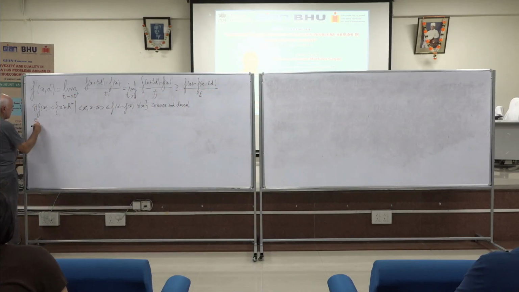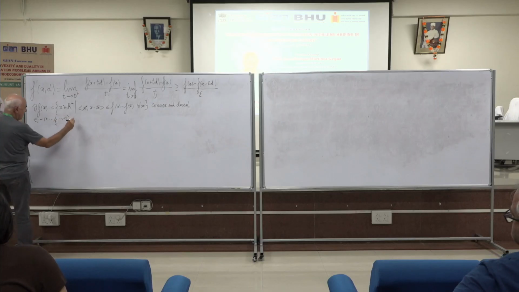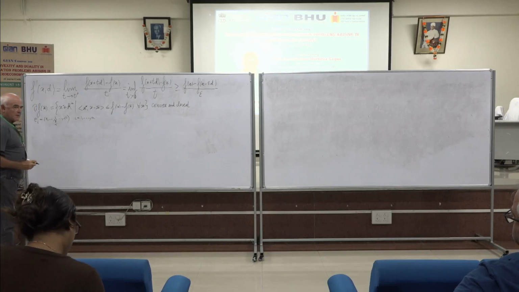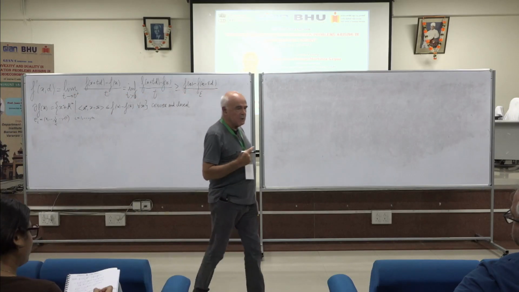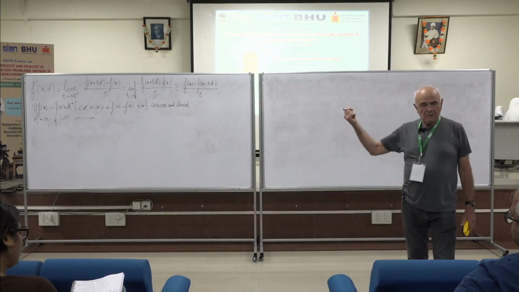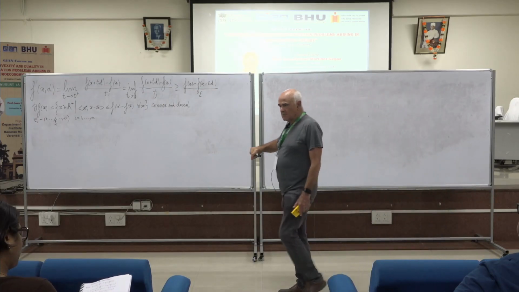The one is in position i. Because x bar is in the interior of the domain, if I move a little bit along any of these directions, I stay in the set.